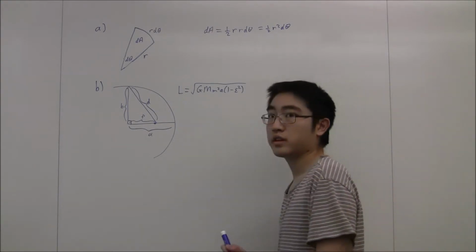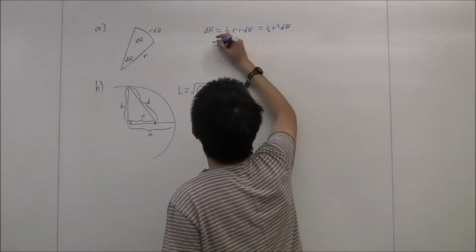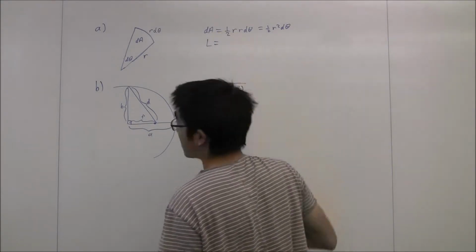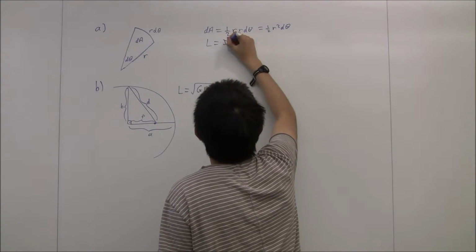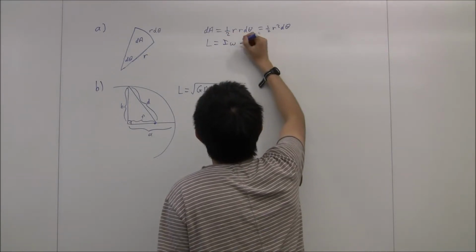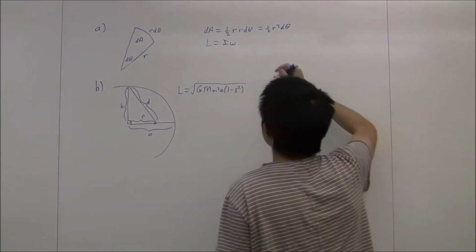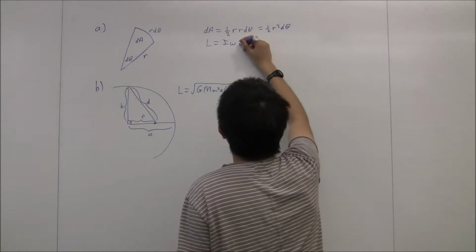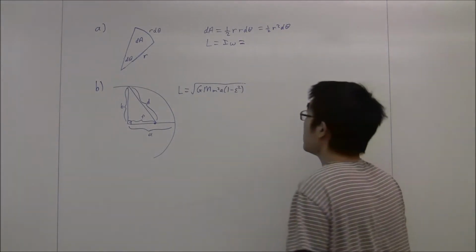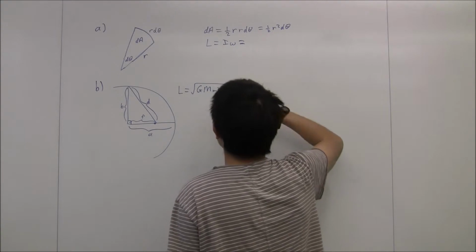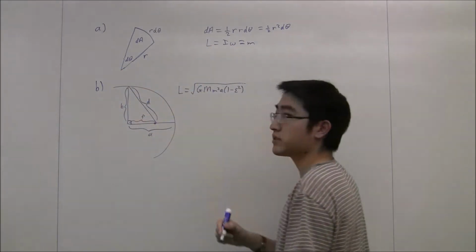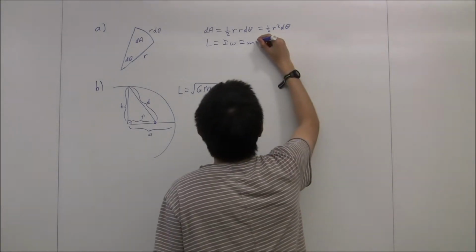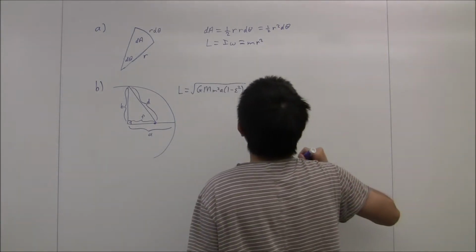Now, the angular momentum of the planet is given by its moment of inertia times its angular velocity, omega. Now, if we treat the planet as a point mass, its moment of inertia is just given by its mass, m, times its distance from the point of rotation, r, squared.